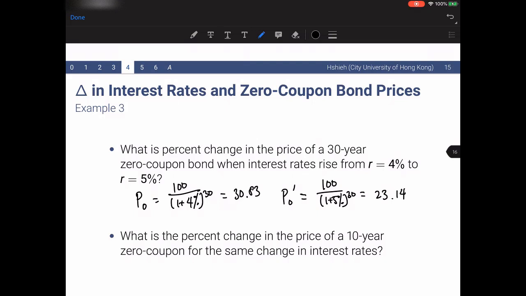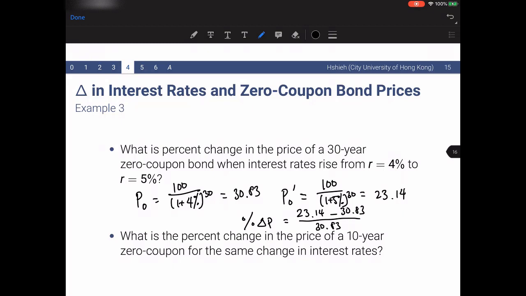$23.14. So now let's calculate the percent change in P, given this change in interest rates by 1 percentage point. I'm going to write percent delta P to indicate that we're calculating the percent change in price, and that's simply equal to the post price, $23.14, minus the pre-price of $30.83, divided by the pre-price of $30.83.